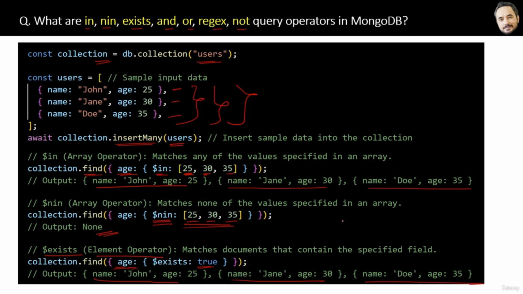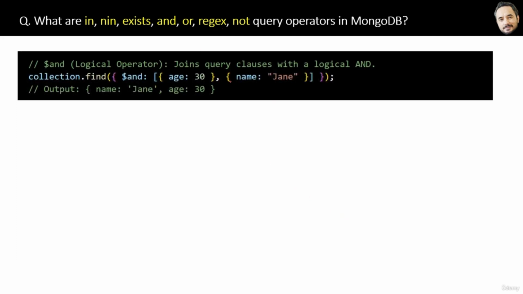Then we have this AND operator, which is a logical operator, same as SQL. Here we will get the list of users who have age equal to 30 and name equal to Jane, meaning both of these conditions must be true for the user. Only those users will be selected. And there is only one user you can see in the output who has both these things true, right?